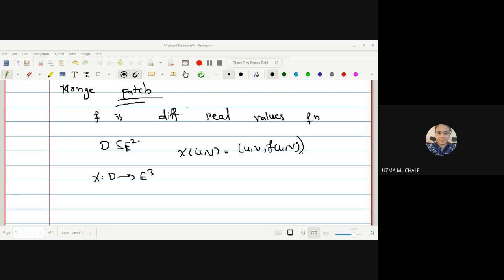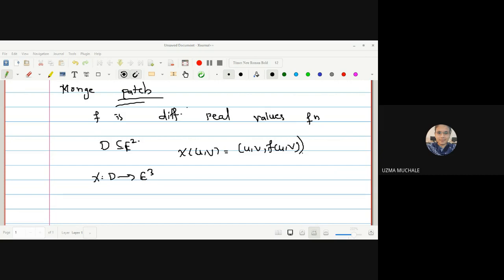Because if this is a proper patch then we can say it is a Monge patch. What is the extra condition Monge has introduced on the patch? That its third variable must be a combination of the first two, or you can say that it is some function in u and v.